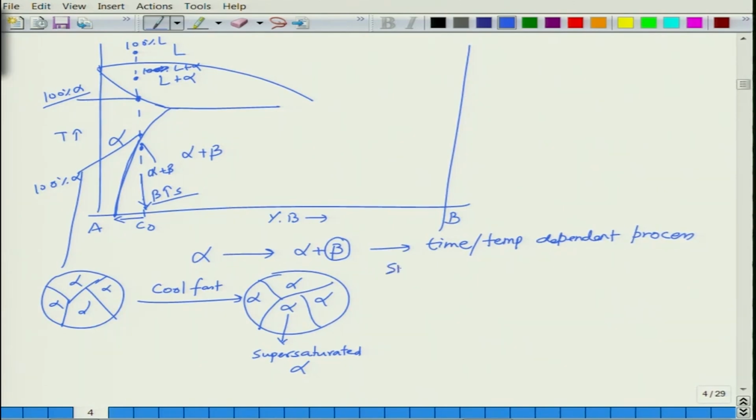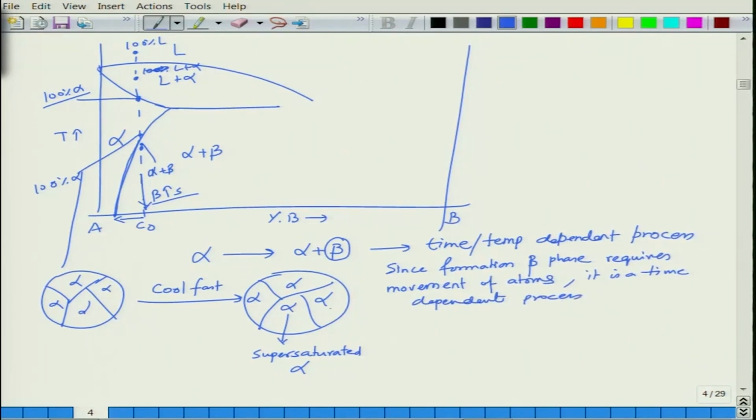So, since formation of beta phase requires movement of atoms, it is a time dependent process. As a result, when you quench it, what we have, alpha, is basically a supersaturated solid solution.